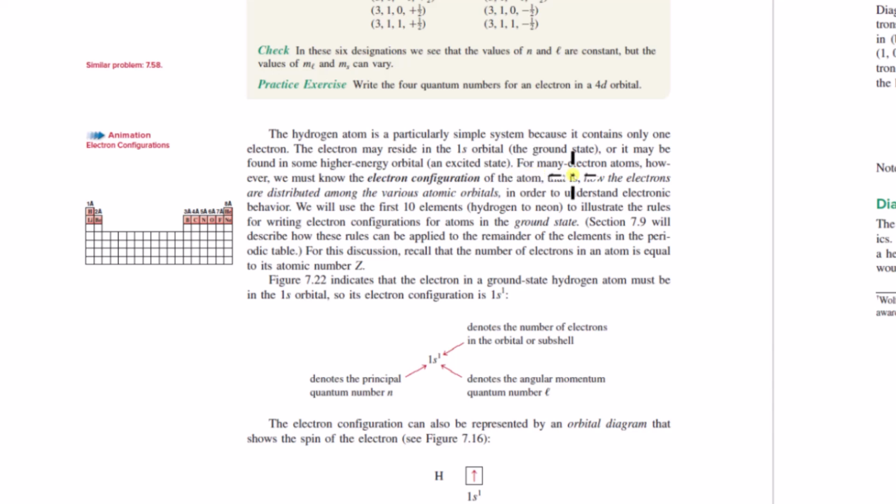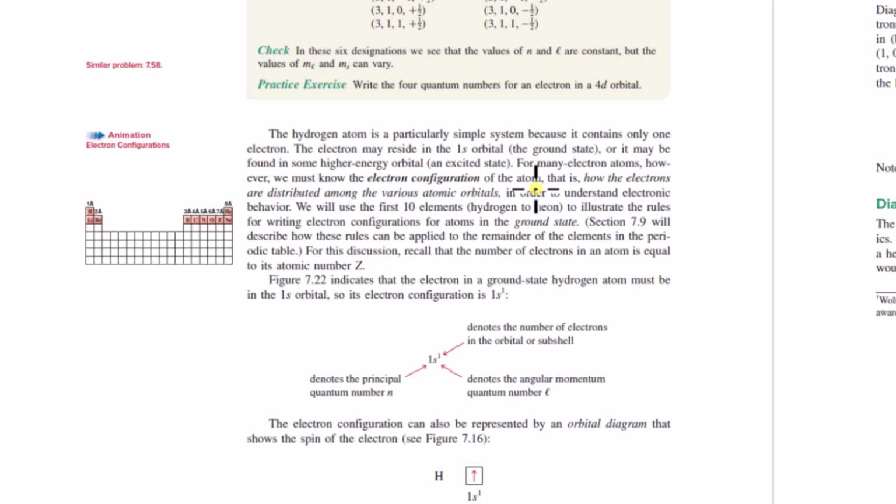Okay, but for many-electron atoms, we must know the electron configuration of the atom, right? So hydrogen has one electron, and that electron can theoretically go anywhere when it's excited. But for multi-electron atoms, we first need to think about the ground state and the electron configuration of the ground state.